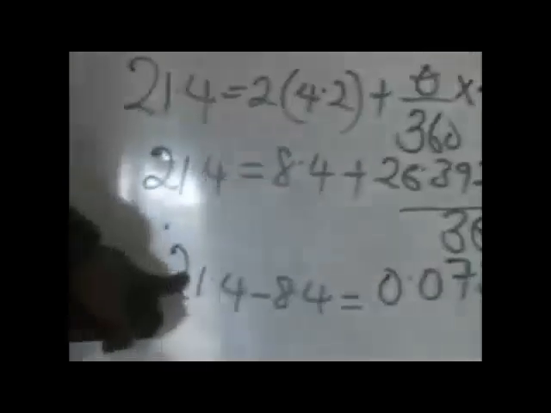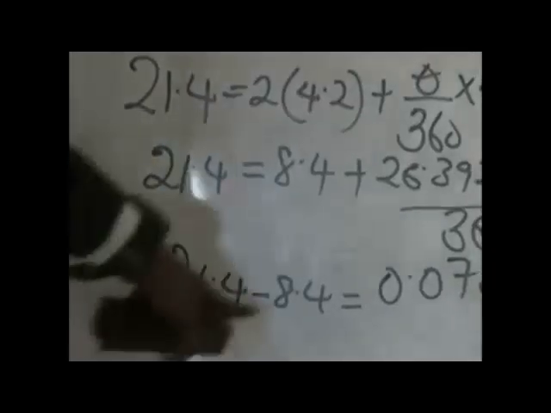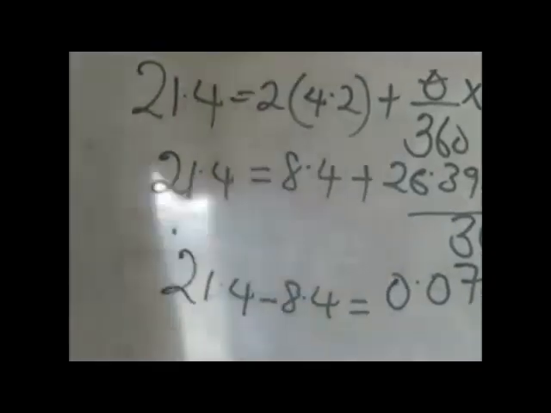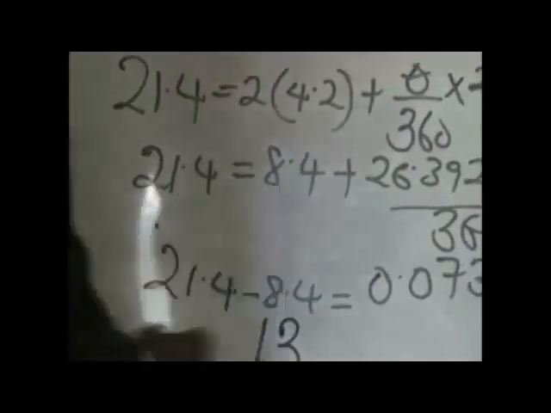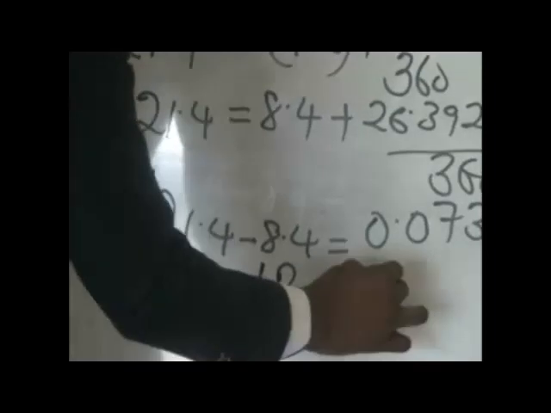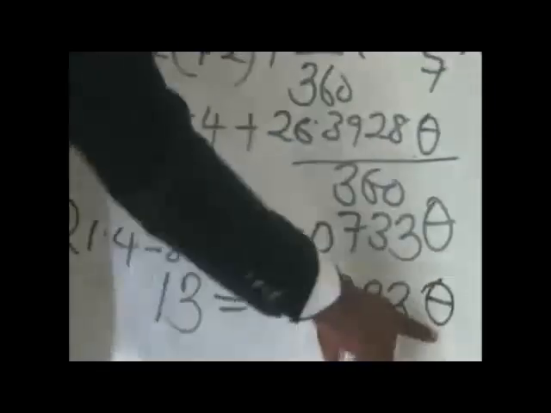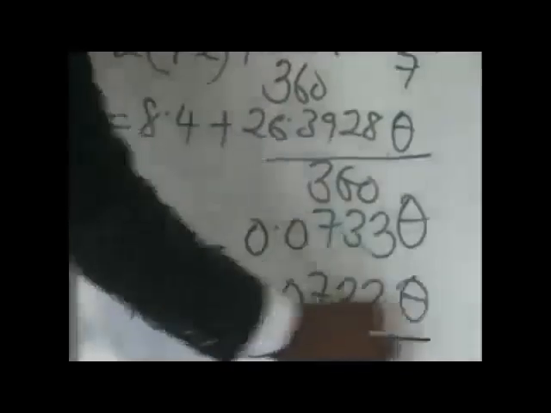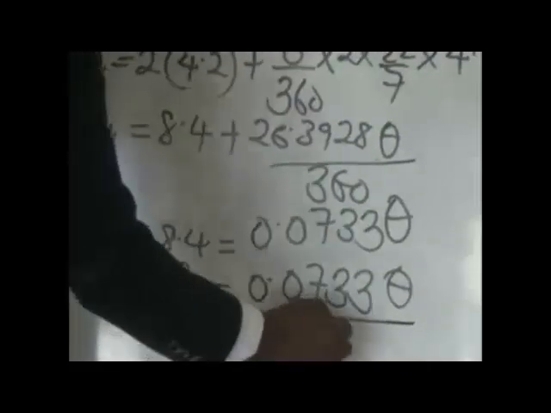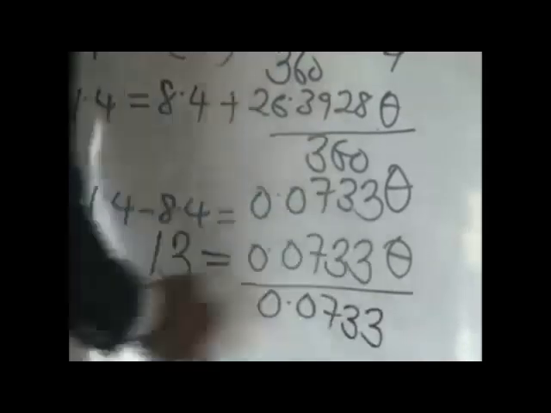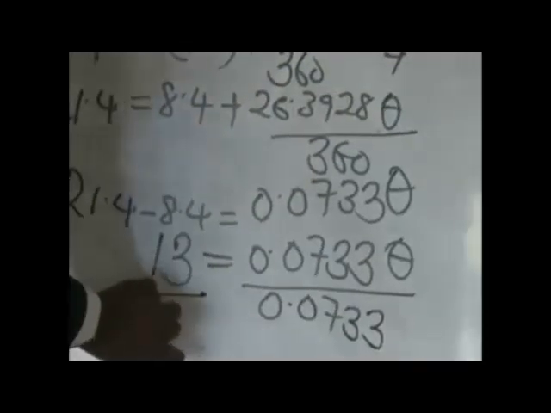But 21.4 minus 8.4 will give you 13. Are you following, class? So this becomes 0.0733 theta, and we are looking for the angle. So you divide both sides by 0.0733. Divide this side by what?